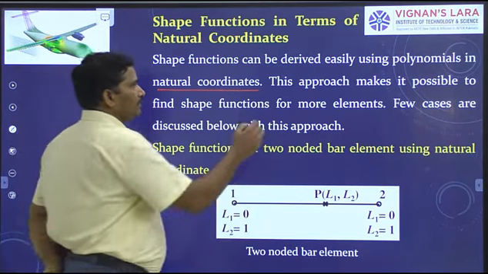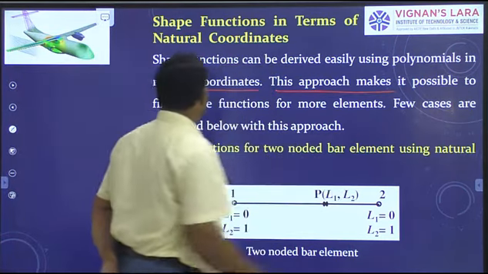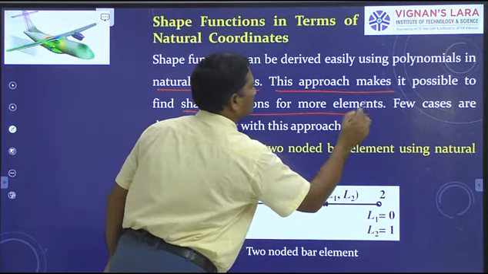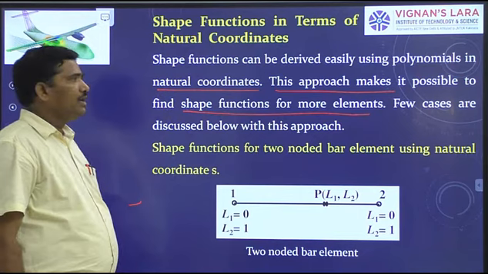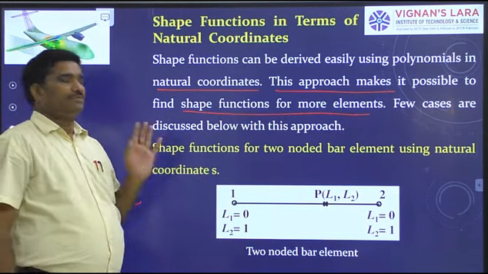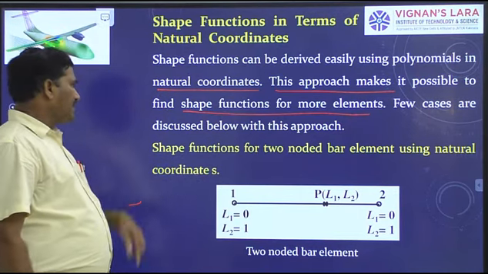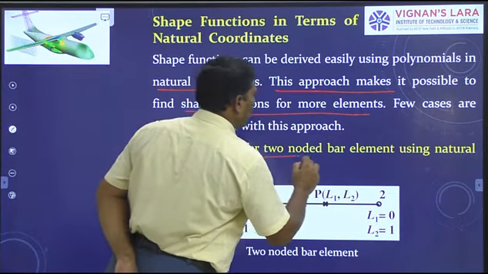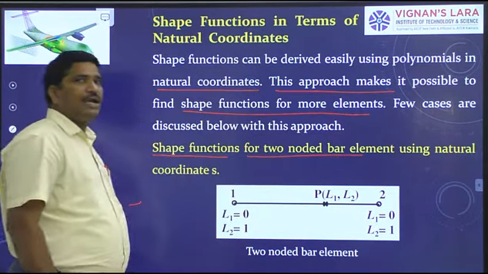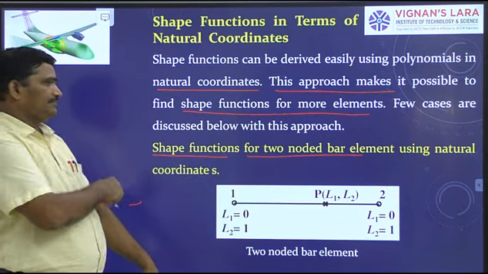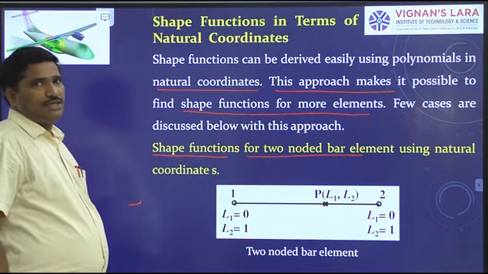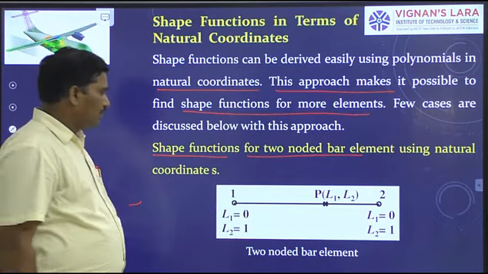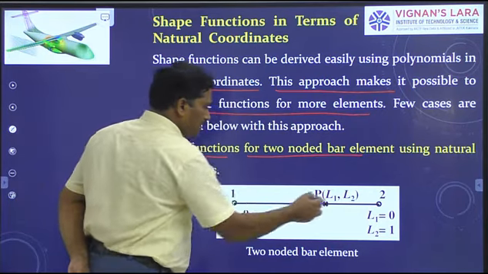This approach makes it possible to find the shape functions for more elements. Therefore, a few cases we see now. The first case is deriving shape functions for a two-noded bar element using natural coordinates. We have a diagram here. Visualize this. We have a two-noded bar element.